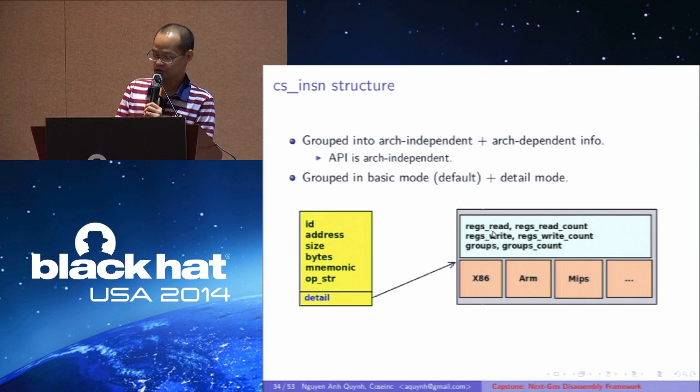And all instructions have information like which registers this instruction reads, which registers it modifies, and which groups it belongs to, right? And at the bottom, there is architecture-dependent information.